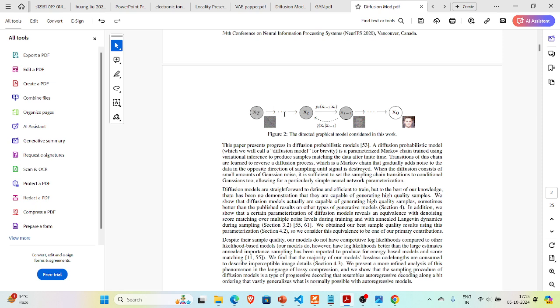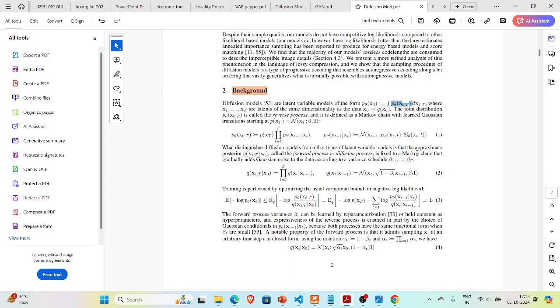In the backward process we remove noise and get back our image. So this is the training process: we add noise and then remove it to get the image. After the training you can just use a noisy image, and by removing noise from it you can generate different image samples.